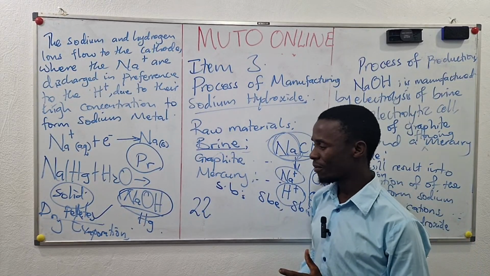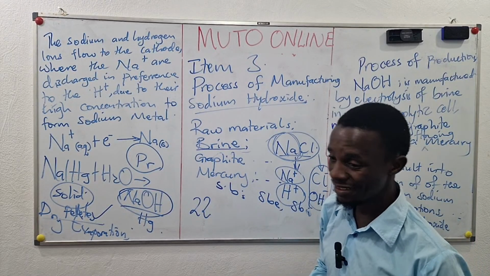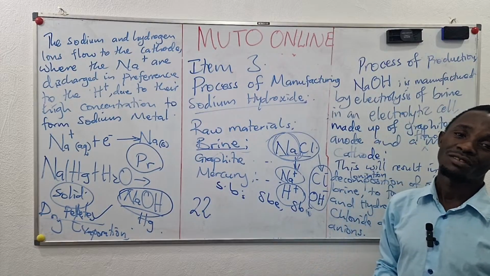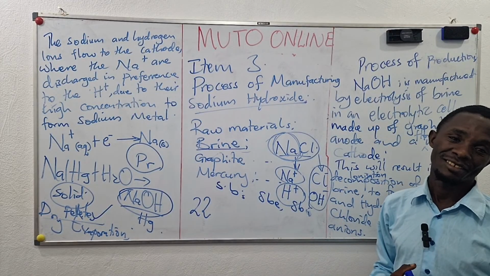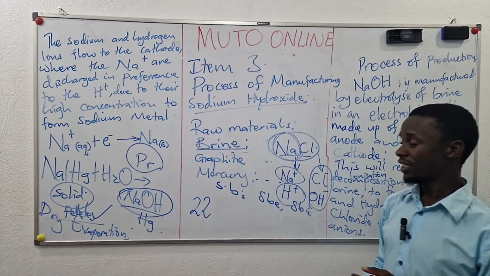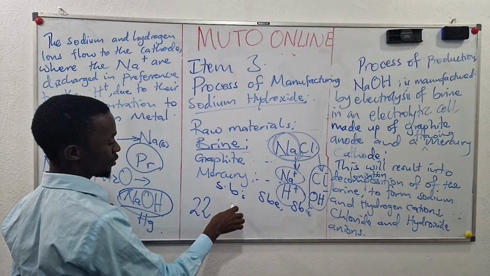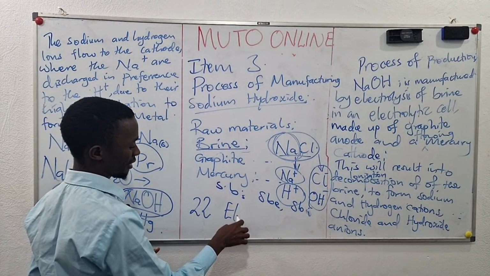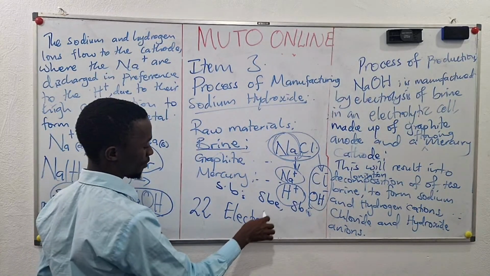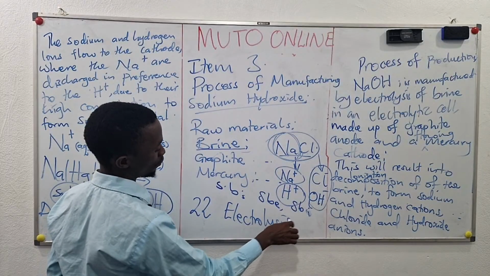Members, item 4 was about the extraction of iron, which I've just taught recently. If you didn't attend that class, please look for a video about electrolysis. There are videos about the topic of electrolysis.